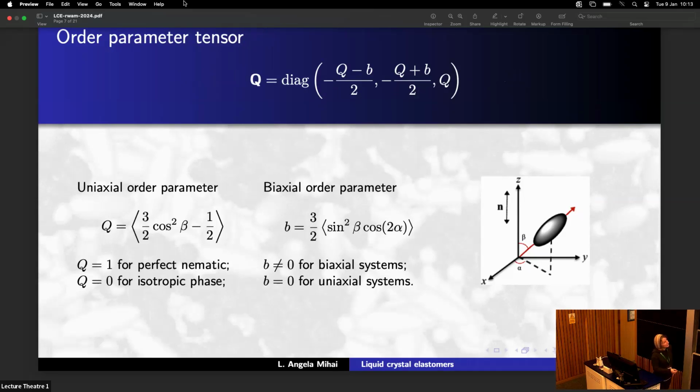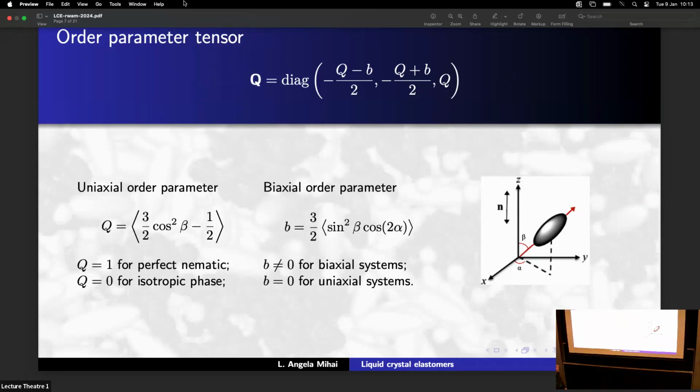Okay, the order parameter tensor. So we have a uniaxial order parameter, and it's possible to also have biaxiality, although this is rarer, but it can happen. So this is the notation for a perfectly ordered nematic.